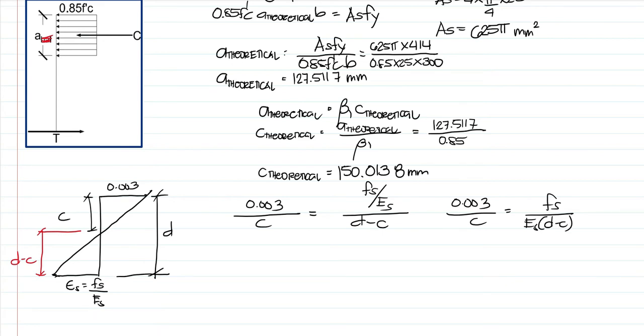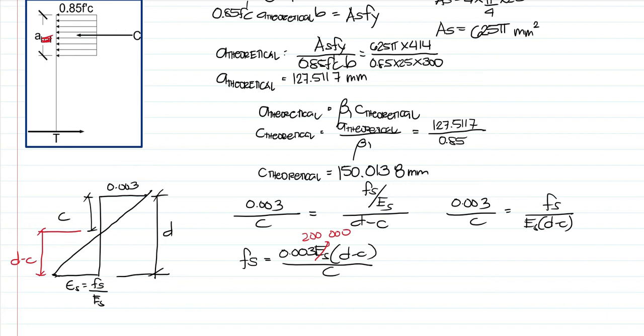So syempre, imumultiply natin to papunta ron para yung Fs na lang matira sa kabilang side. So that will be our Fs is equal now to 0.003 Es times D minus C over C. So syempre yung Es doon, that will correspond to 200,000 megapascal.